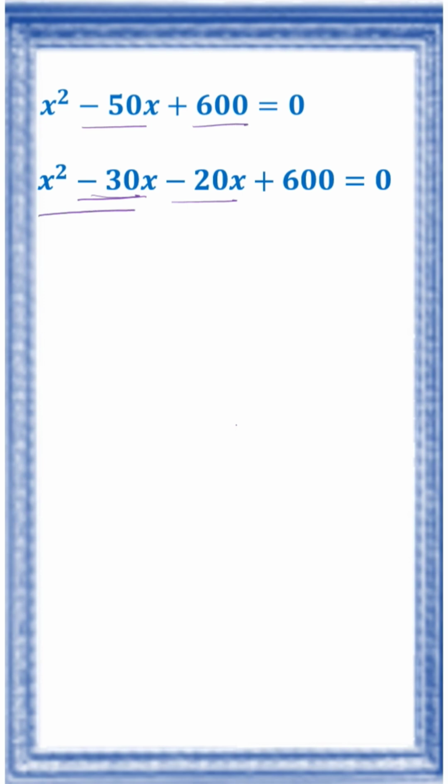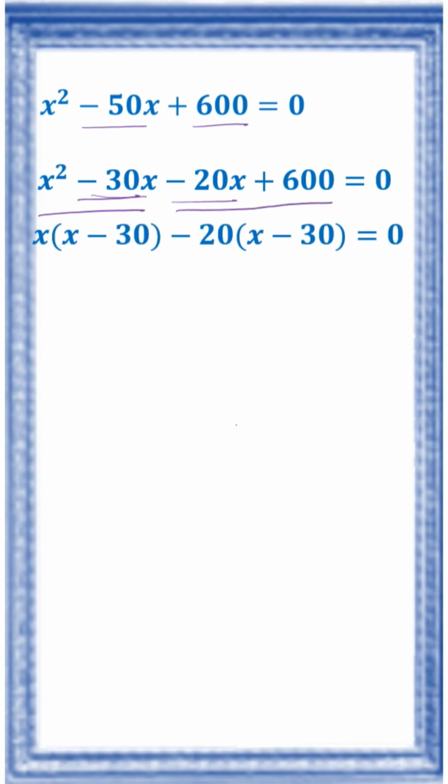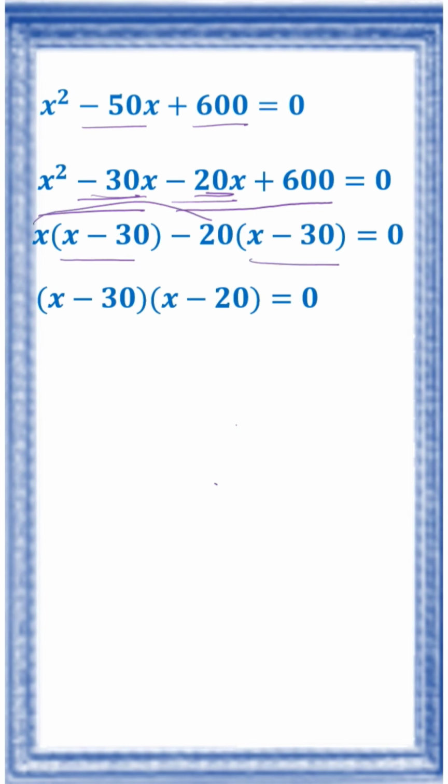Now group: x square minus 30x minus 20x plus 600. x into (x minus 30), minus 20 is common, minus 20 into (x minus 30) is equal to 0. So (x minus 30) into (x minus 20), group like this. So x is equal to 30 or x is equal to 20.